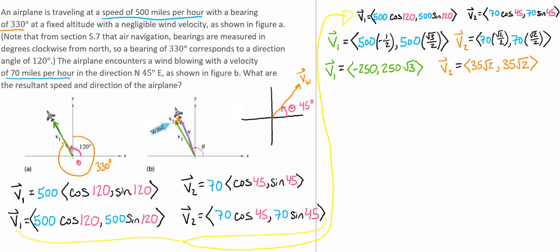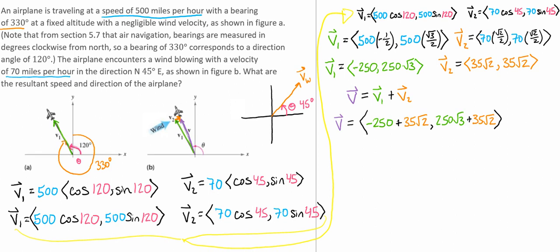Now, to find the velocity of our airplane in the wind, I'm just going to call this v. That is going to be our initial vector v1 plus our vector for the wind, v2. So our vector v is negative 250 plus 35 radical 2, comma 250 radical 3 plus 35 radical 2.